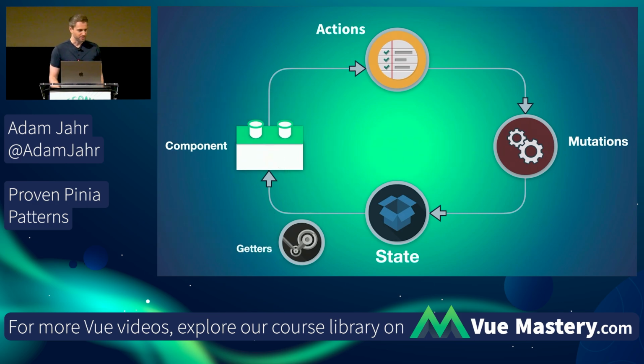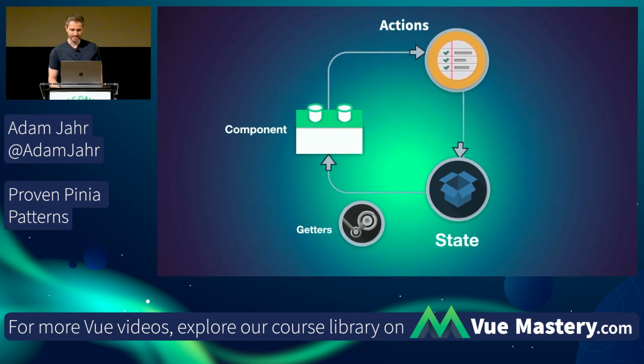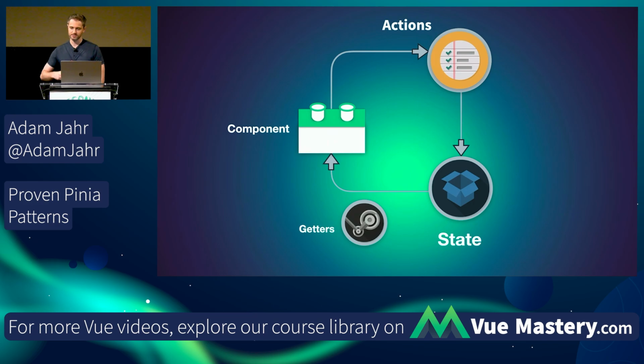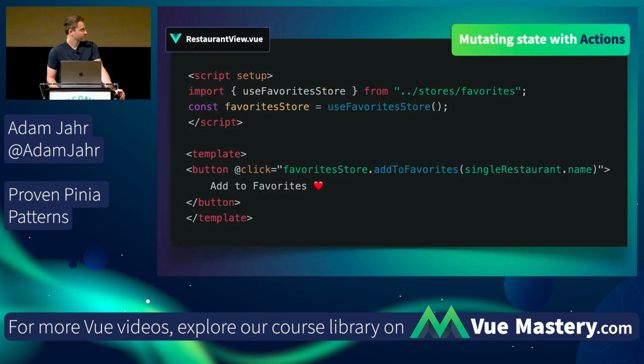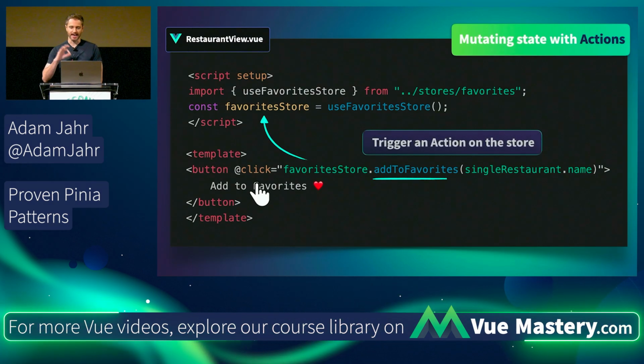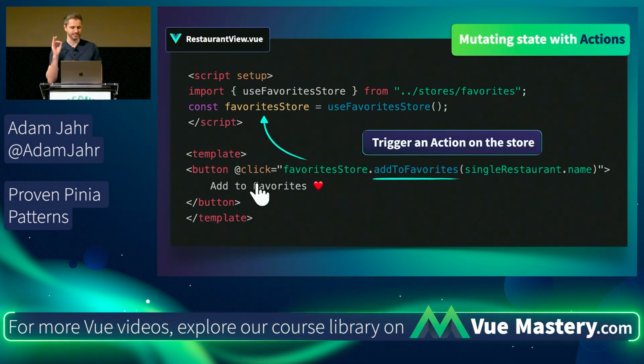However, as most of us know by now, Pinia has gotten rid of that mutation step. So we now have a leaner and also a more freeing version of how to update our state. So the most common way that we're going to be mutating state is to trigger an action in the store that causes the state to be changed. So in this example, clicking the Add to Favorites button triggers the addToFavorites action within our favorite store.